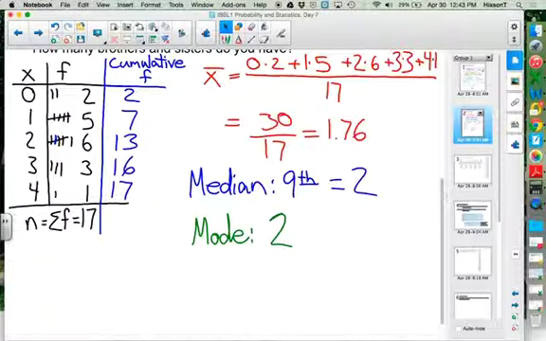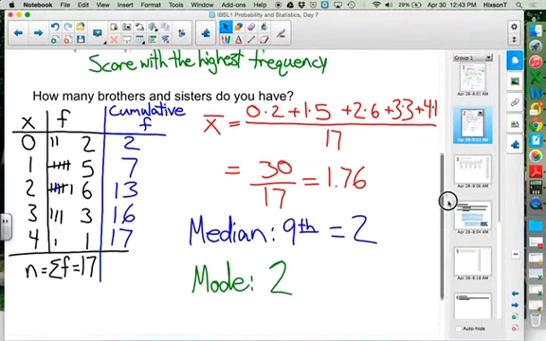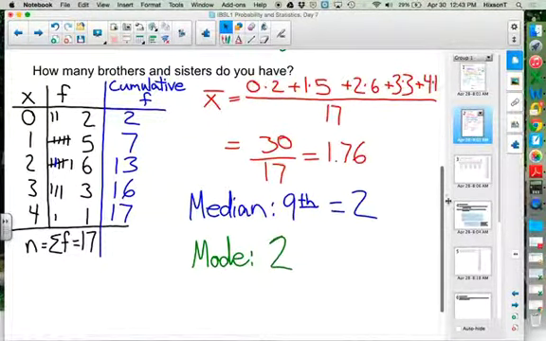Now, let's see, just looking at our data, 1.76 is going to be somewhere in here. Do you think that represents the data pretty well? If I said my mean was 1.76, yeah, that represents our data pretty well.